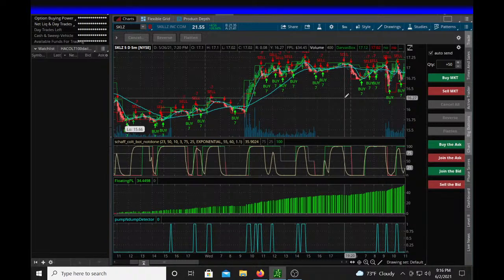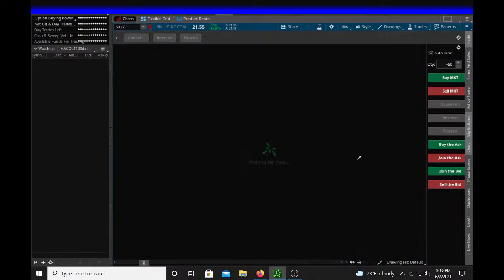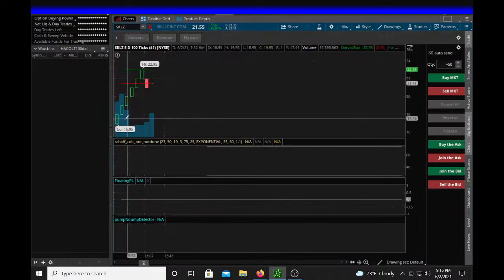But let's just say you set it up on a 100 tick. It will take forever for it to move a 100 or a 1000 tick. So you'll only get these types of movements, a very small chart.